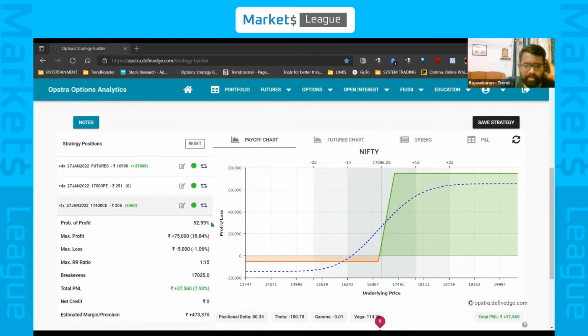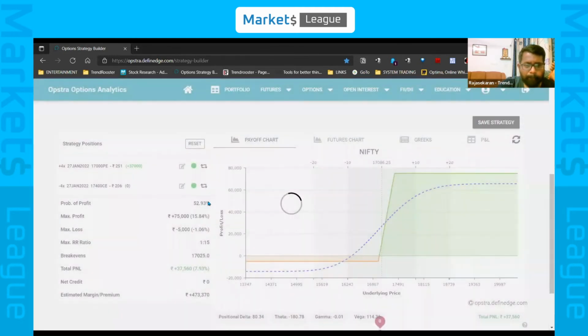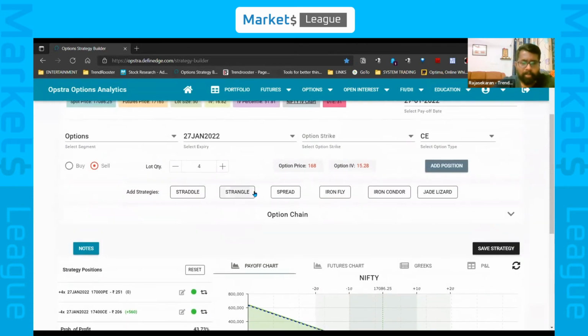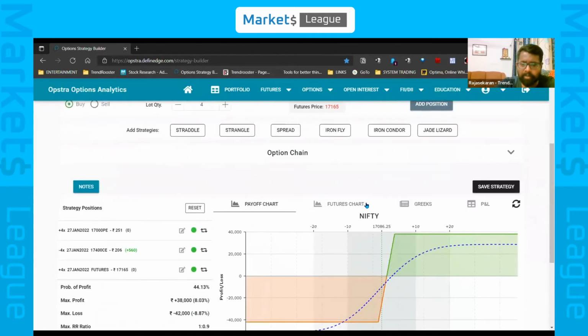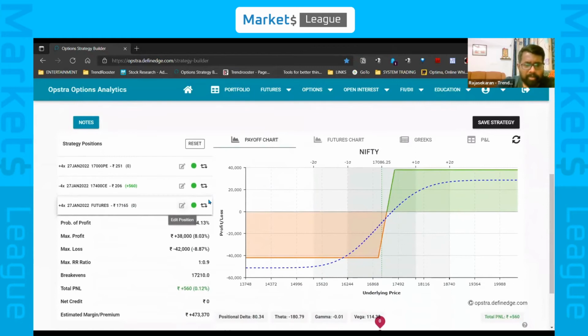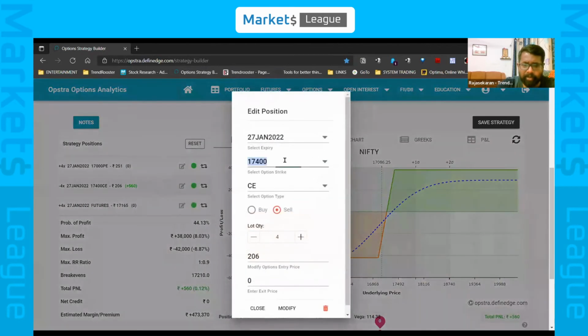This is a zero cost collar. Okay, so I'm going to keep it as it is, the 17,000. Maybe I'll delete this. Okay, so now I'm going to long the future, which is considered equal to long the stock. So now I'm going to, instead of 17,400, maybe 17,500, I'm going to sell maybe 12 lots.